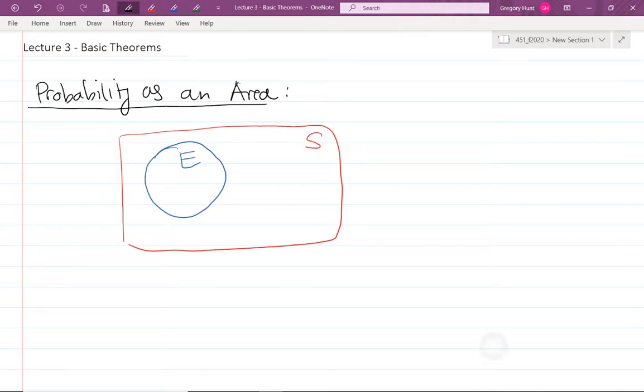And with this in mind, the probability of my event E, one can think of as the area of E over the area of S. That is, it's the percentage of the area of S taken up by the area of E, or the percentage of all possible outcomes that are in my event. So this is where we get percentages when thinking about probability. It's the percent of the area.